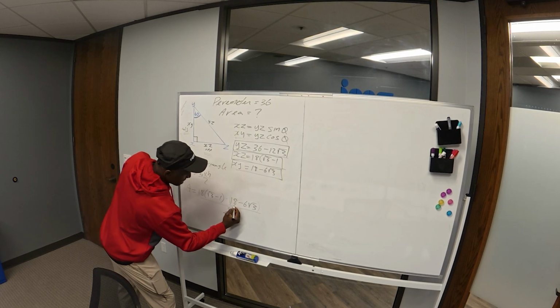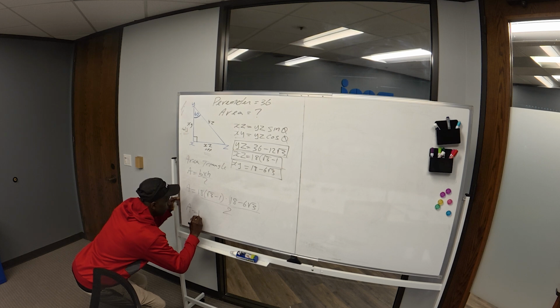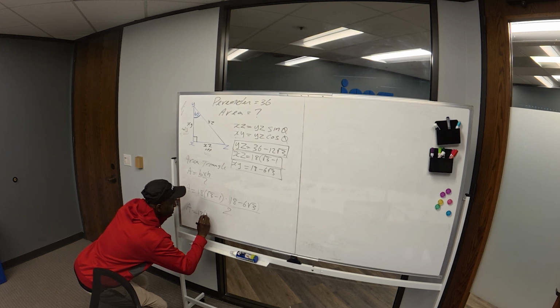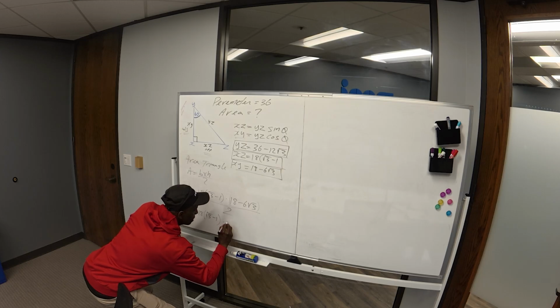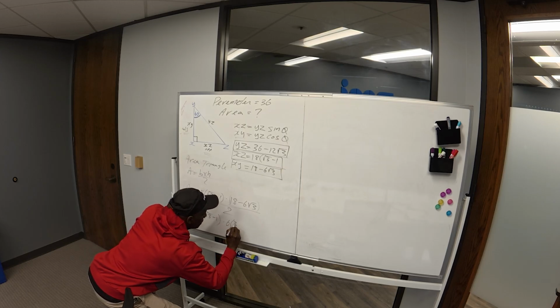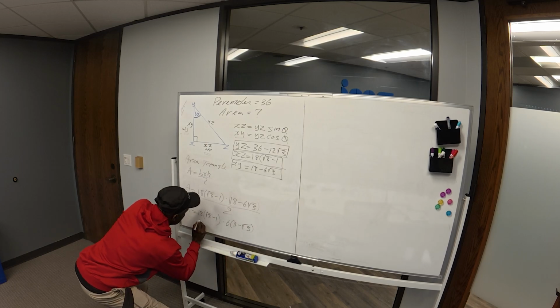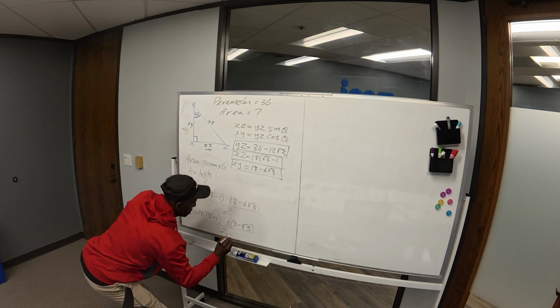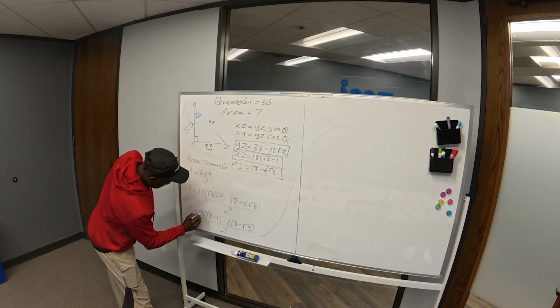We can rewrite this term as area is equal to 18 outside of square root of 3 minus 1 dot 6 outside of 3 minus square root of 3, all divided by 2.